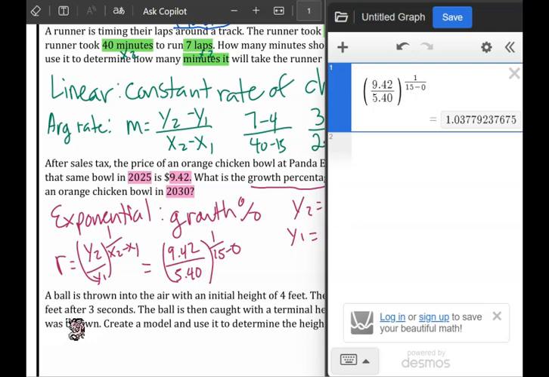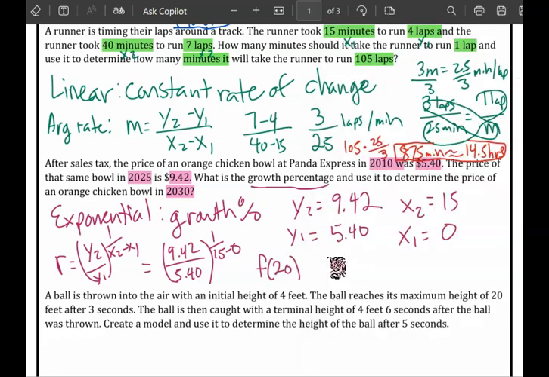Now we'll plug that into the formula with the whole exponential function. Since we're looking for 2030, that's 20 years after 2010.